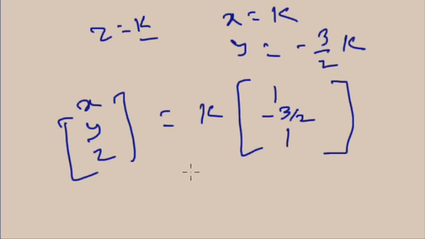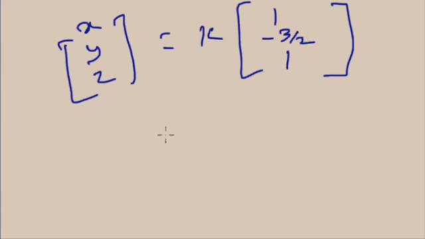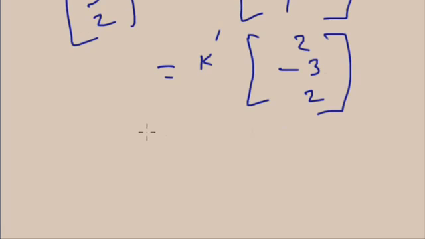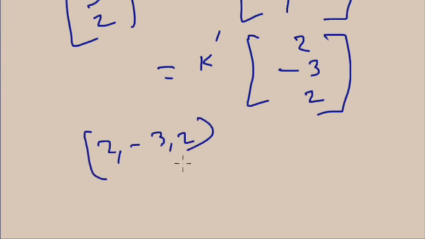If I multiply all this by 2, it is k dash into 2, minus 3, 2. So this is the eigenvector 2, minus 3, 2 for lambda equal to 1.